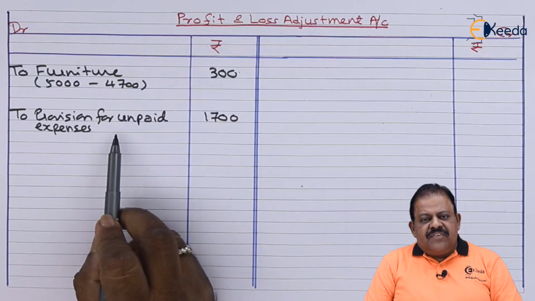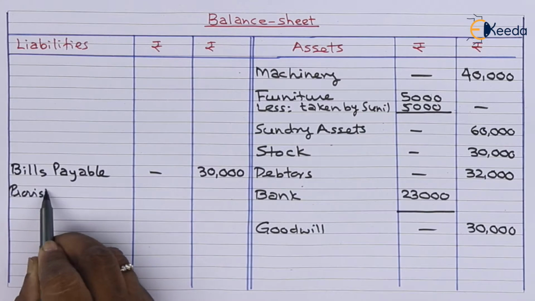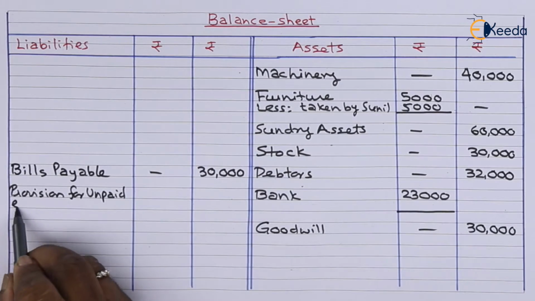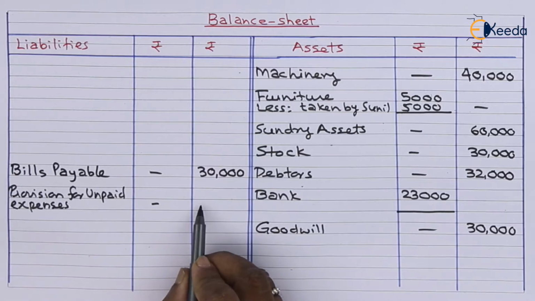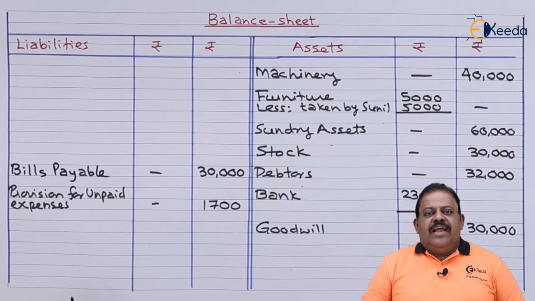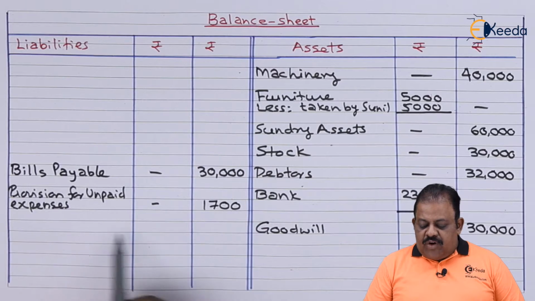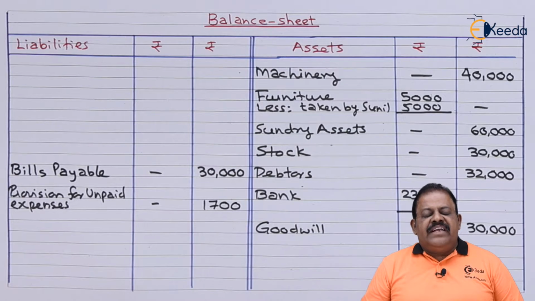This will have another effect, new balance sheet liability side, provision for unpaid expenses 1,700.